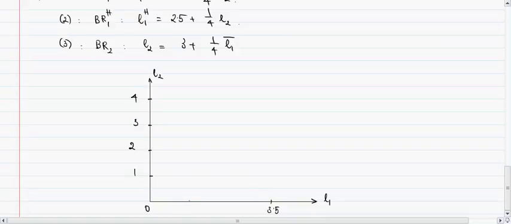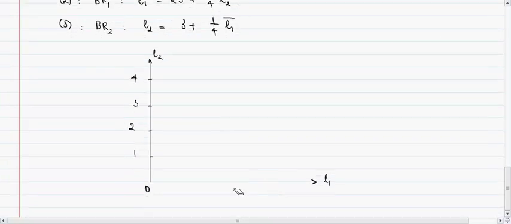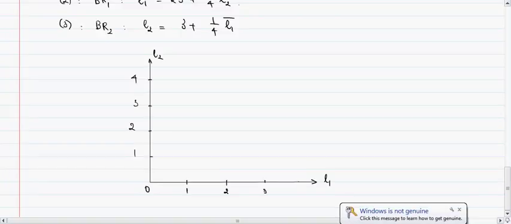I'll make this one equal to 2. I'll get rid of the 3.5 here. So I have 1 over here, 2, 3, and 4 over here.